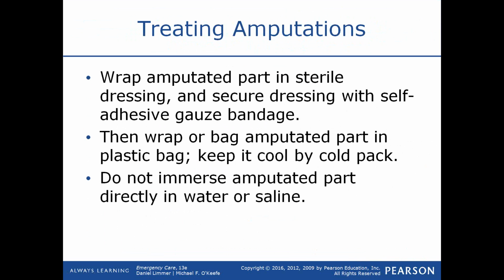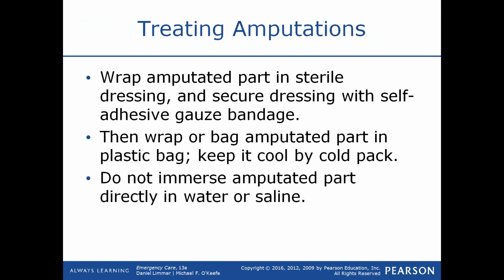If the amputated part can be recovered, you want to wrap that in a sterile dressing and secure it. Put the amputated part in a bag and then put that bag in a cool, cold place.